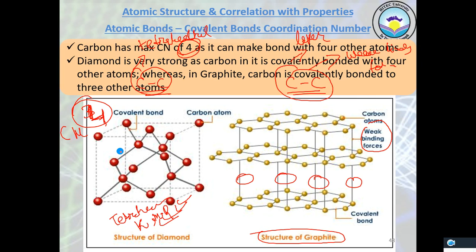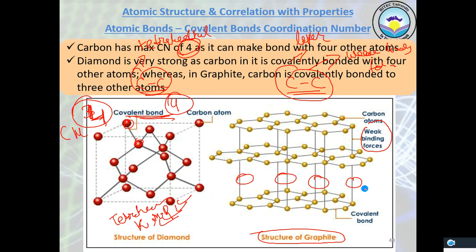Diamond is also a very strong carbon structure, covalently bonded with 4 other atoms. Only covalent bonds exist, and it has a tetrahedral structure as well.